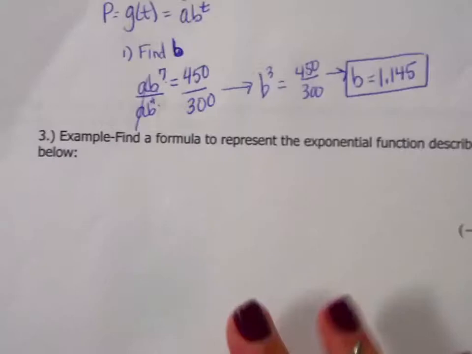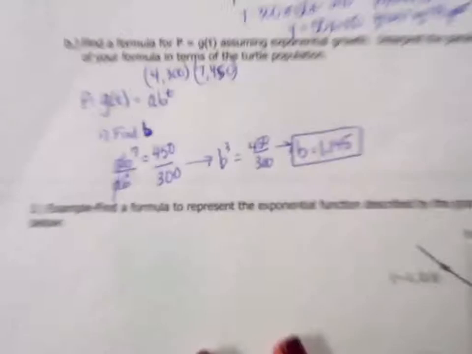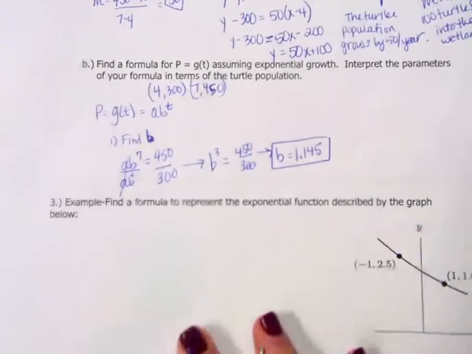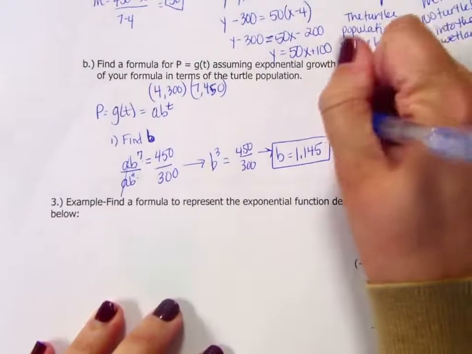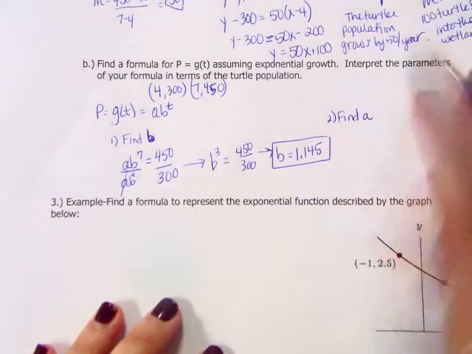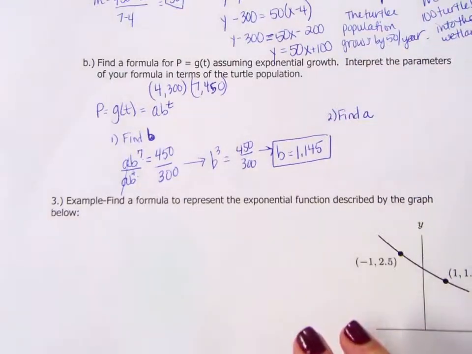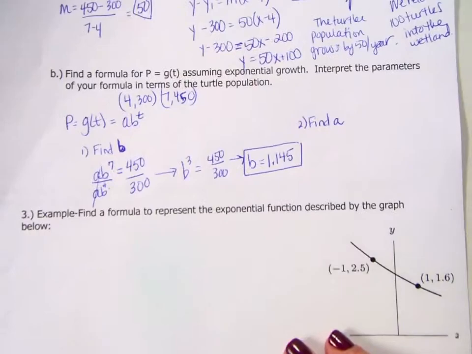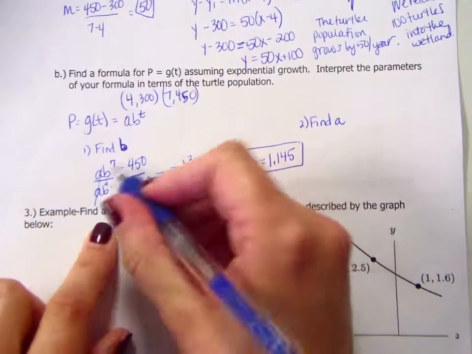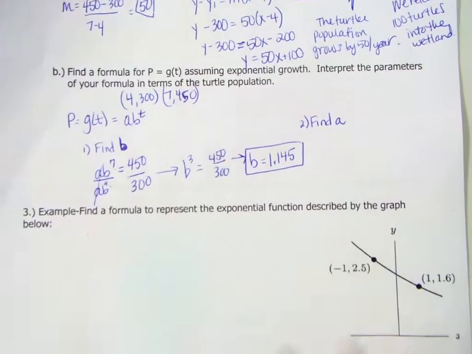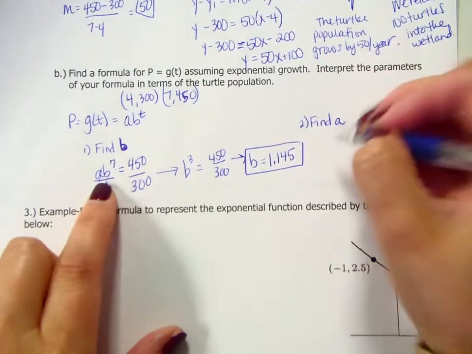All right, so I have b. The next thing that we need to do now is find the value of a. I can use either one of these expressions. It does not matter which one I choose. So let's say I choose this top one.